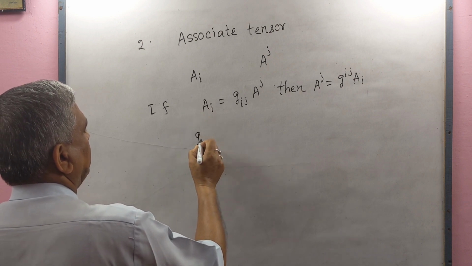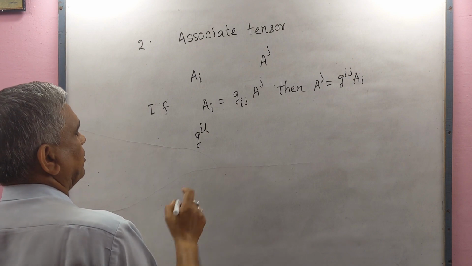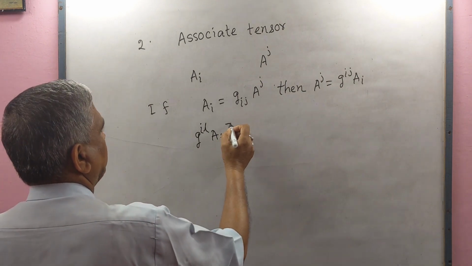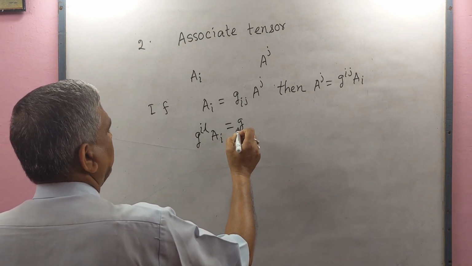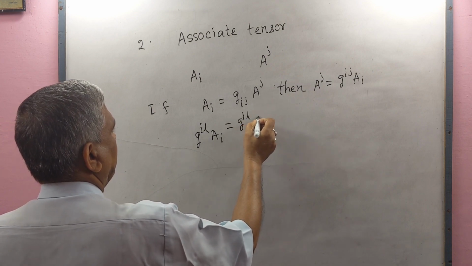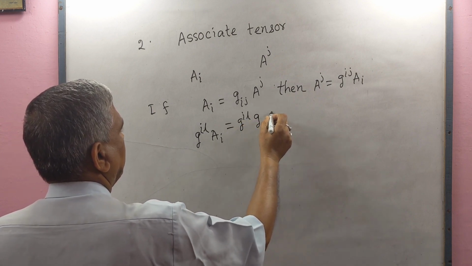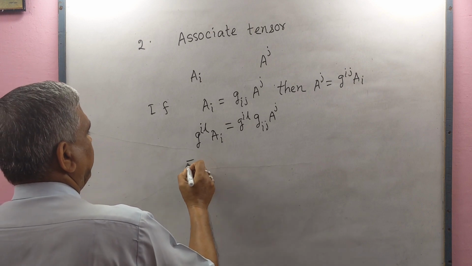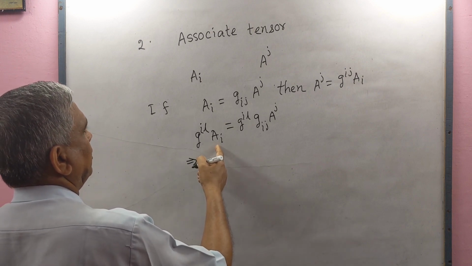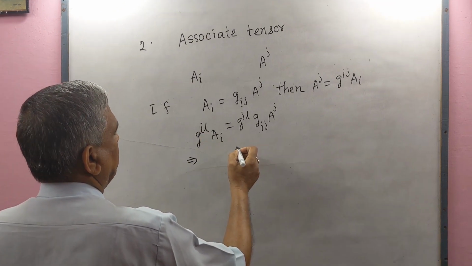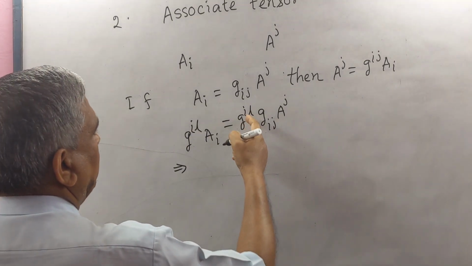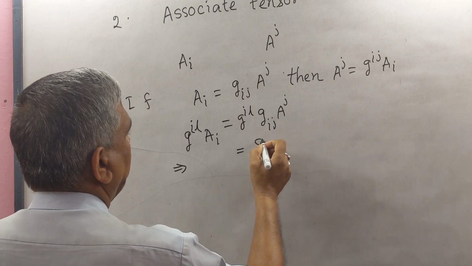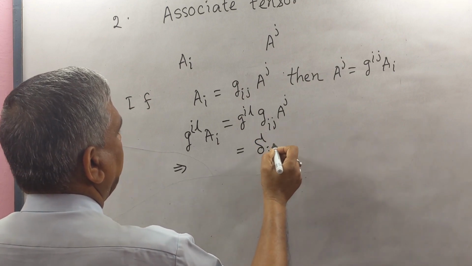Taking the product with g^il on both sides, this equal to g^il g_ij A^j, which implies that this will be delta l j A^j.